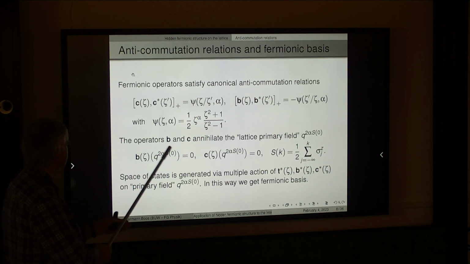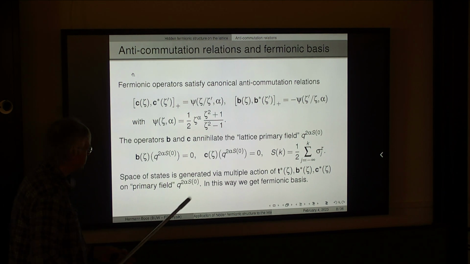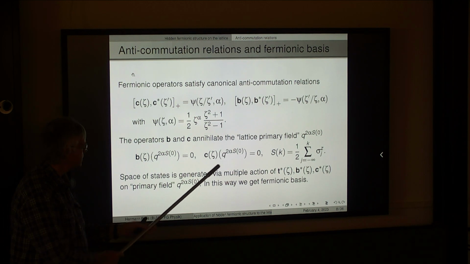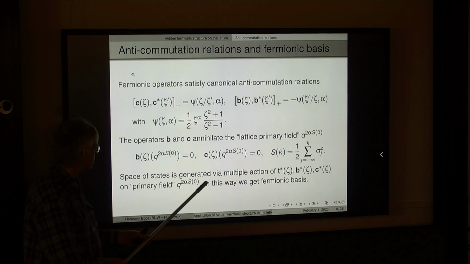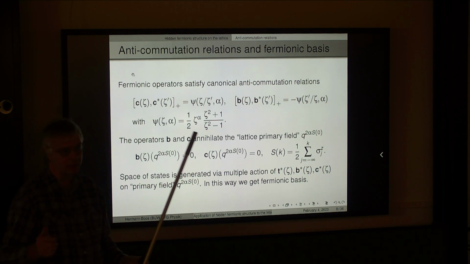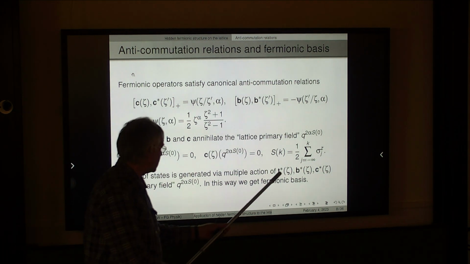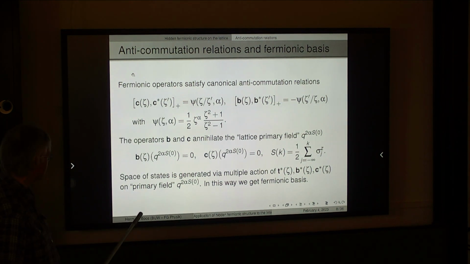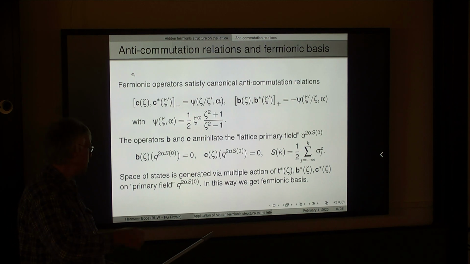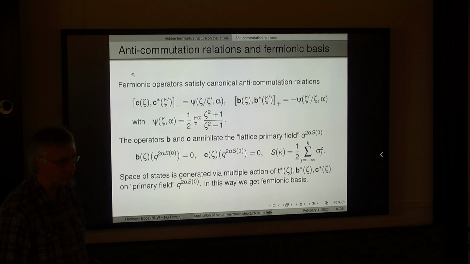And operators B and C annihilate this lattice primary field, like this. And the space of states is now generated via multiple action of the creation operators T star, B star, C star on the primary field. And in this way, we get fermionic structure.